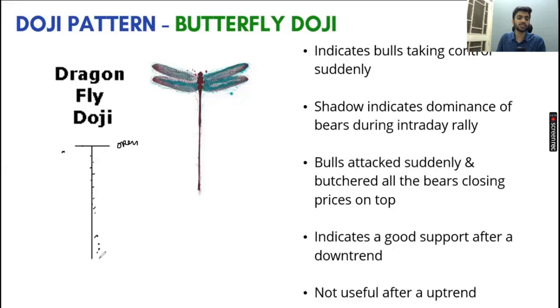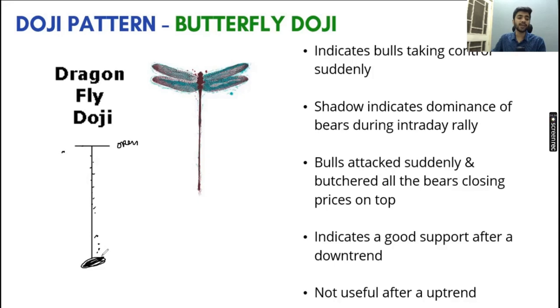But finally they reached a place where the buyers came in. The buyers might have found that now the stock is undervalued and is in a good risk reward zone, or whatever their thought process was, but they came in with an opposite thinking to what the bears were thinking.